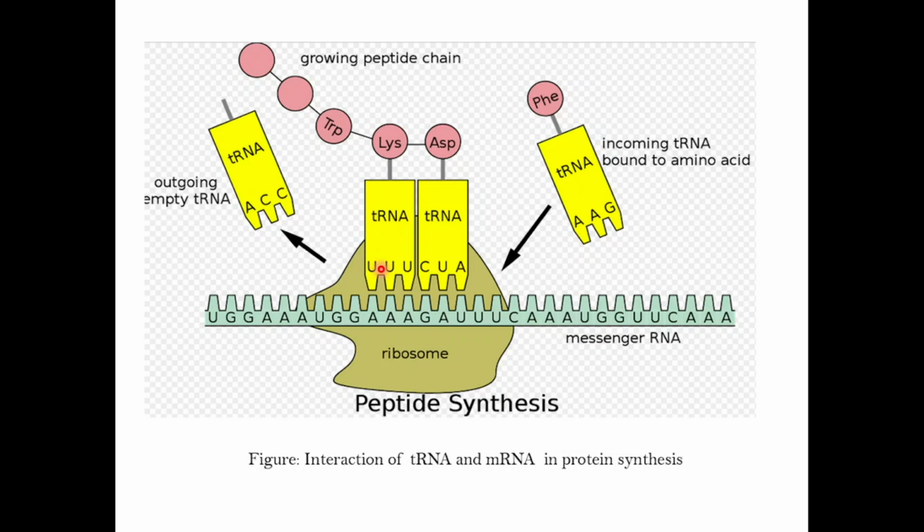There is an enzyme that aids in adding the responsible amino acid for that codon. For example, with UUU as the anticodon, lysine could be added. With CUA, aspartic acid could be added.